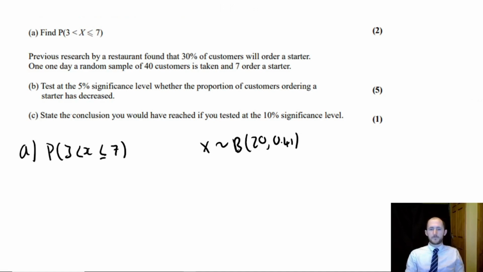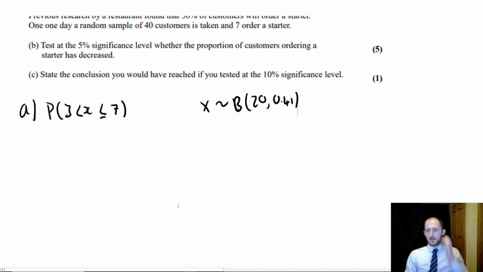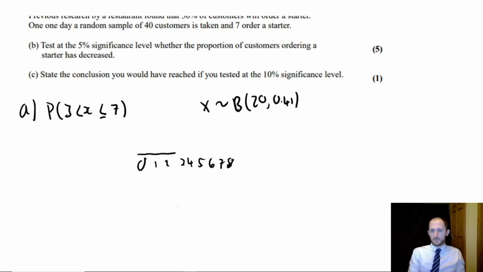Again, I would recommend personally using a number line. So if we just do 0, 1, 2, 3, 4, 5, and so on. The values I'm looking for are 0 up to and including 7.